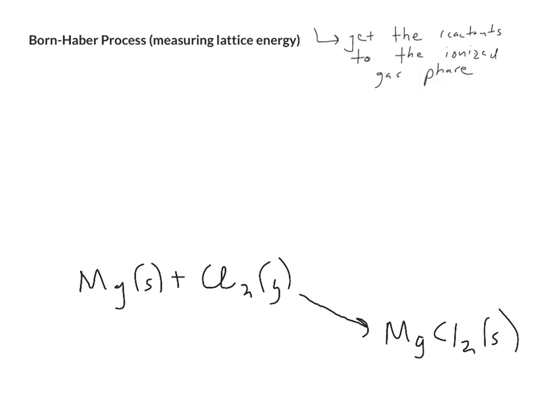You may recall from earlier in your chemistry experience that this reaction, with elements in their standard states, magnesium metal as a solid and chlorine as a diatomic gas, forming 1 mole of a compound, is an enthalpy of formation.